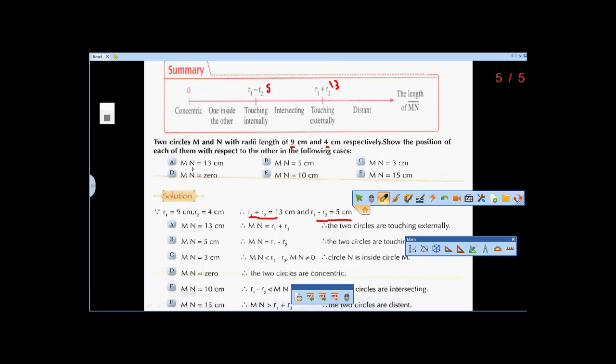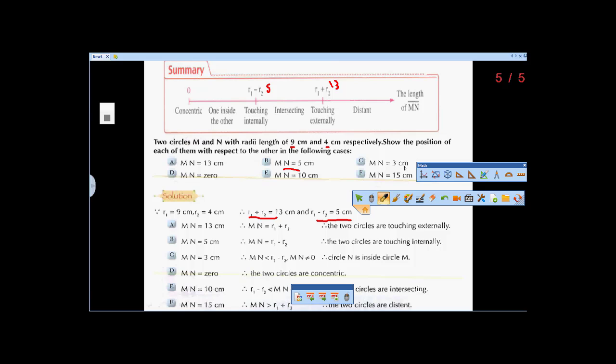Now I want to determine the position of the circle with respect to the other. If I have MN equal 13, it means the two circles are touching externally, because MN is equal R1 plus R2. If I have MN equals 5, it means the two circles are touching internally because MN is equal R1 minus R2.